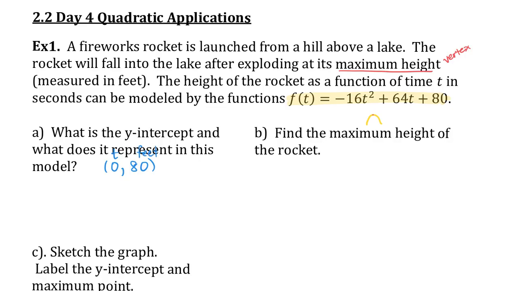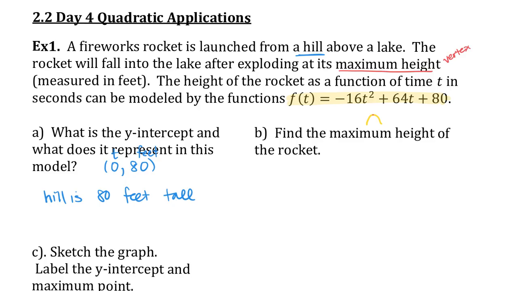Let's read it again. A fireworks rocket is launched from a hill above a lake. So it starts out on a hill above a lake. So at time 0, it's 80 feet high. Why is it 80 feet high? Because that's how tall the hill is. So the hill is 80 feet tall, because that's where I launched the rocket from.